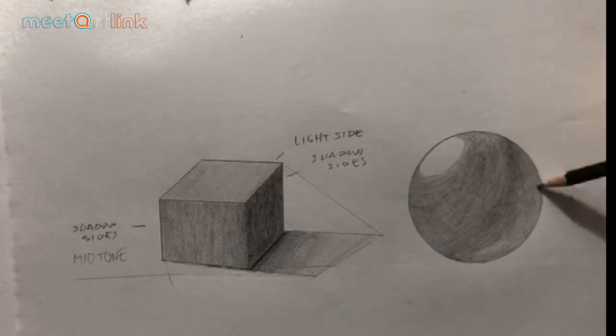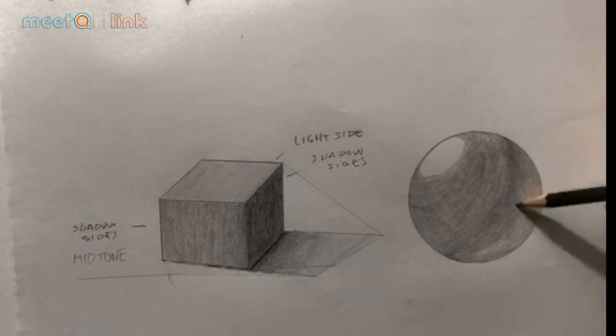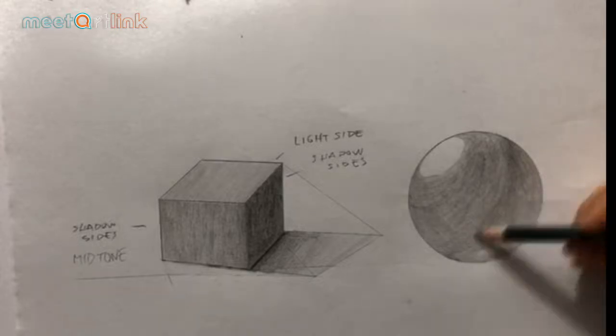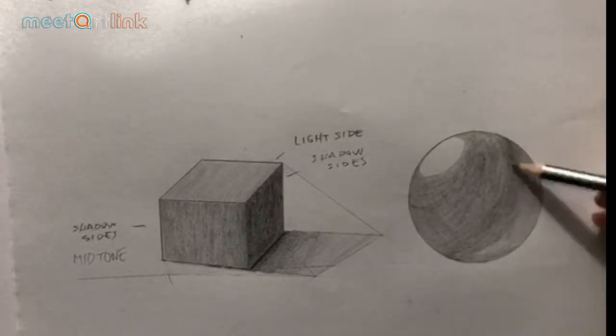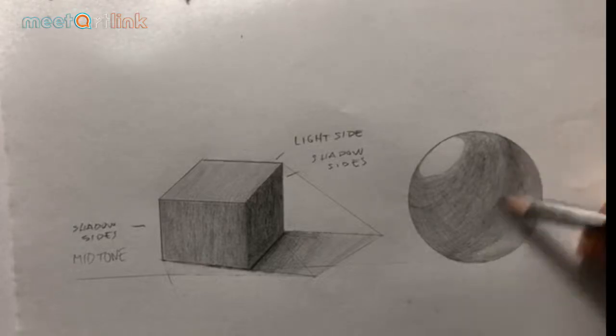Then it just goes a little bit lighter to the edge of the object, but not that much. It's not going to go to that light that we have on our light part.